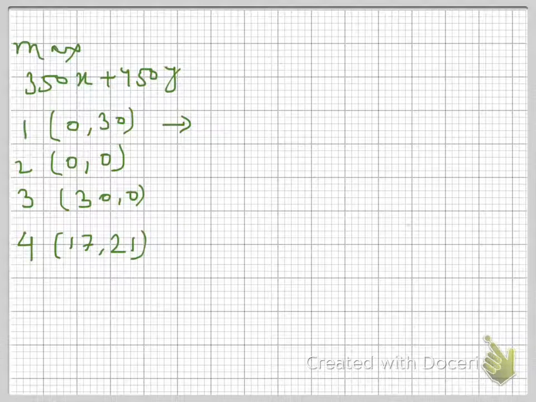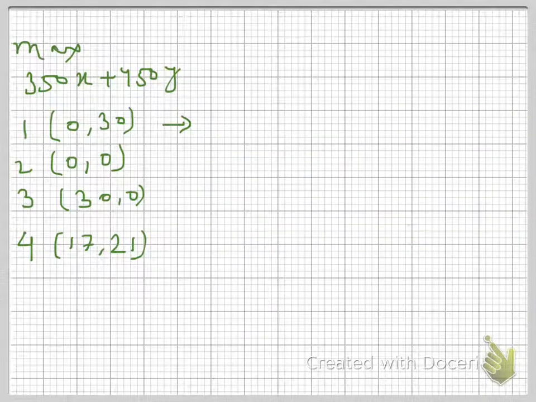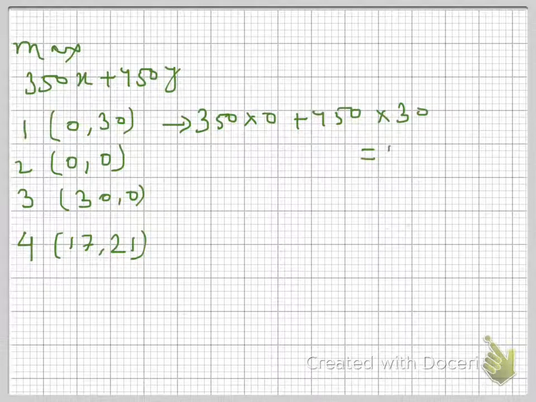So the profit which you get is 350 into 0 plus 450 into 30, which will be equal to 13,500 rupees per day. For 0, 0, the profit will be 0.